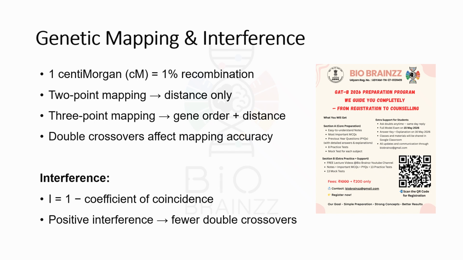However, double crossovers can affect mapping accuracy, which is why interference is considered. Interference is calculated using the coefficient of coincidence, and positive interference means fewer double crossovers than expected. This concept is very important for numerical questions in GAT-B, especially in three-point test cross problems.